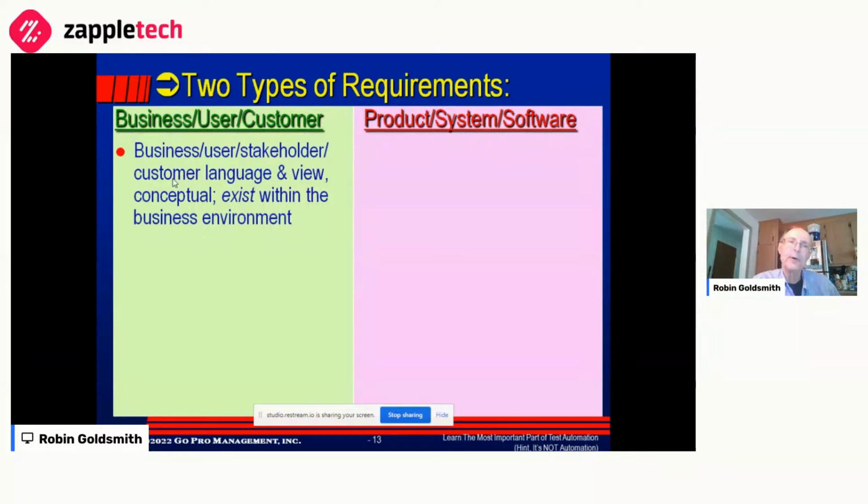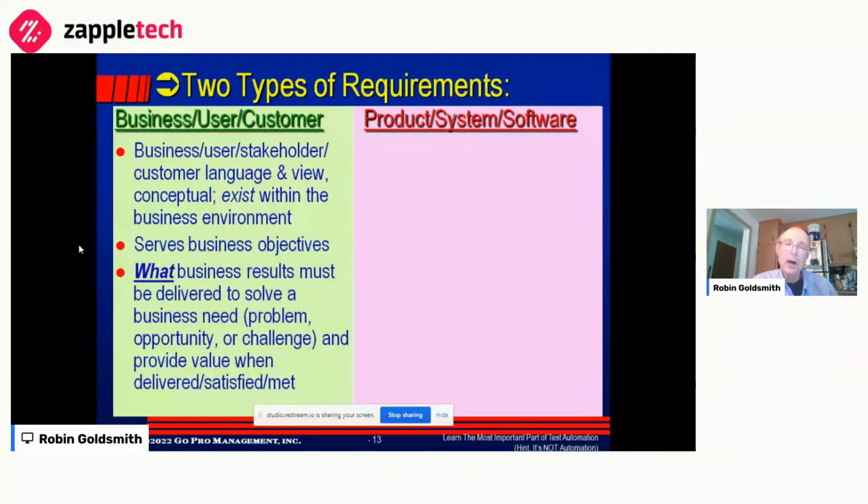I just refer to them in general as business, real business requirements. They are conceptual and they exist within the business environment. And because they exist, they need to be discovered.